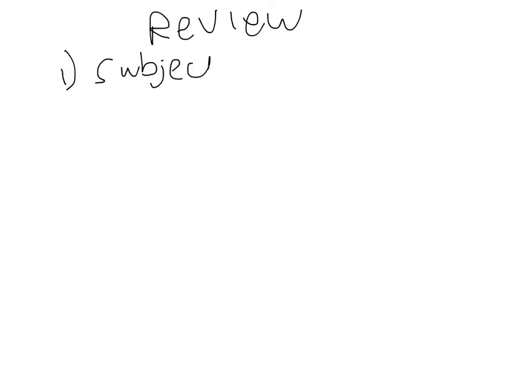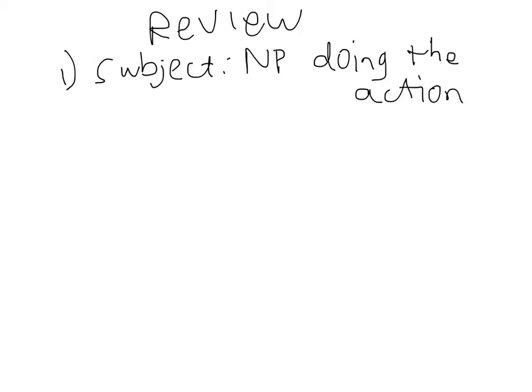All right, so let's do a quick review. Things we need to know. 1, our subject is the noun phrase doing the action. Sometimes that's a very passive action. Maybe they're dreaming or they're existing, but they're doing the action.